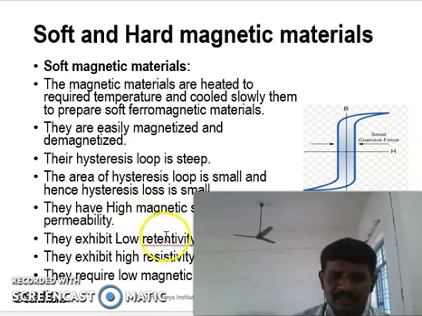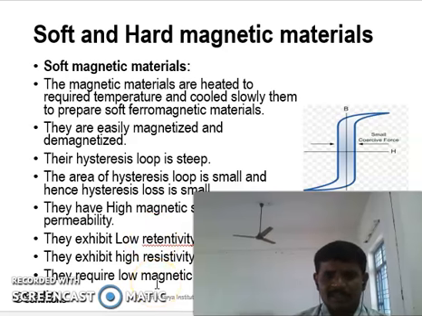They exhibit low retentivity and coercivity. They exhibit high resistivity. They require a low magnetic field to magnetize. So these soft magnetic materials are used to prepare magnetic core materials, which can be used in transformers, electrical motors and magnetic amplifiers.